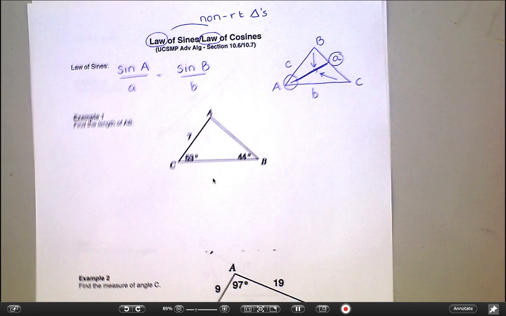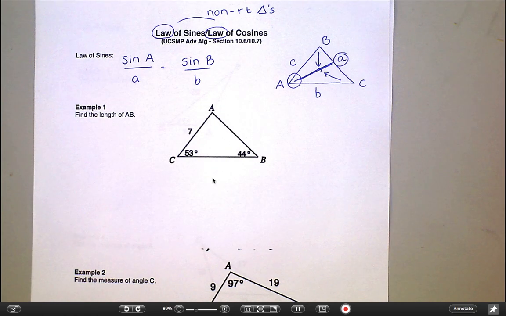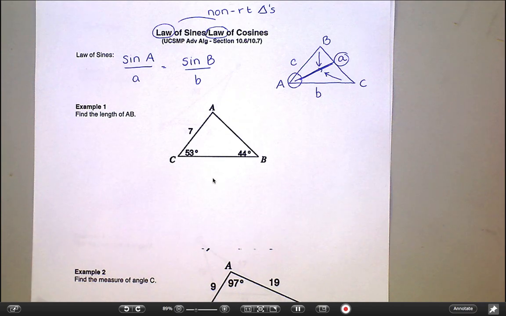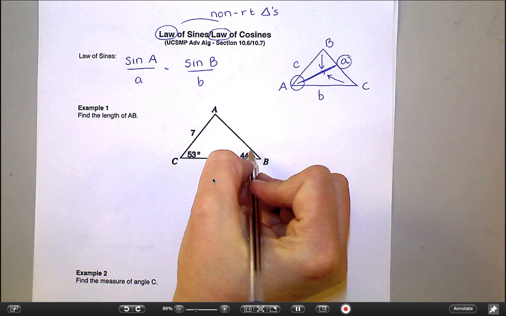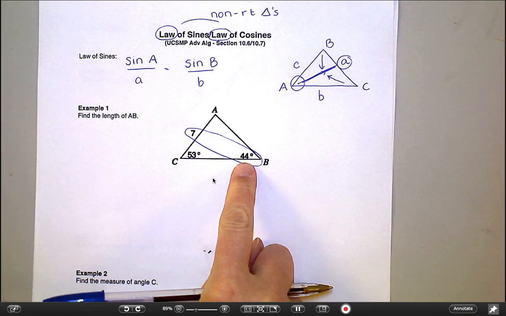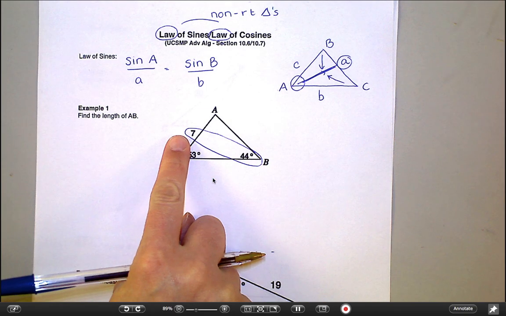So when you're doing law of sines, the first thing I always look for is one complete pair where you have both the angle measure and the side length. And so what I mean by that is like right here, I have an angle measure and a side length that's right across from it.